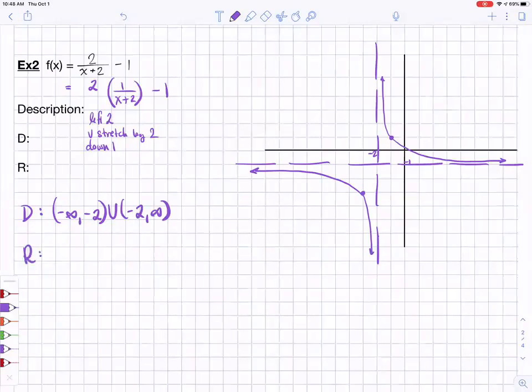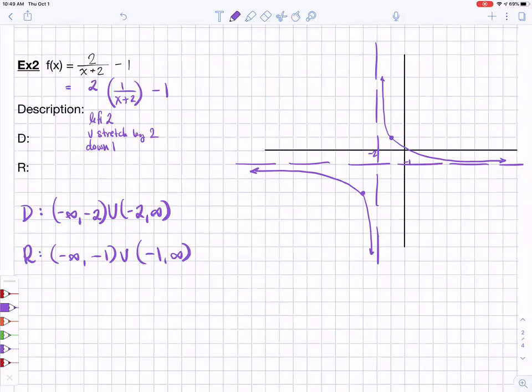Good job, November. What about my range? Negative infinity up to -1, because -1 is where I'm taking that break in my y values. Okay, so this is where I'm taking the break in my y values, and that's at y equals -1. And then continue. -1 to positive infinity.